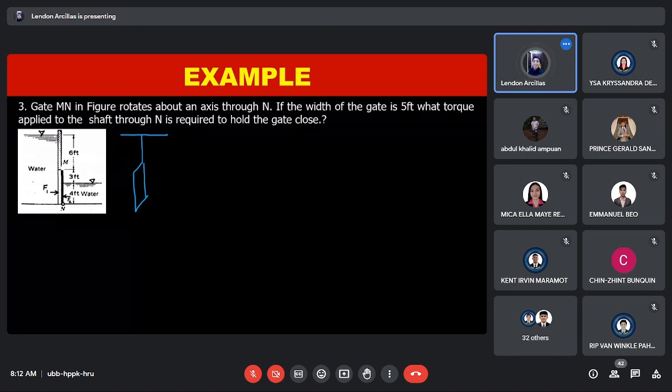So, this gate on the left side. This is 3 plus 4, so that is 7 feet, right? And this is 6 feet.